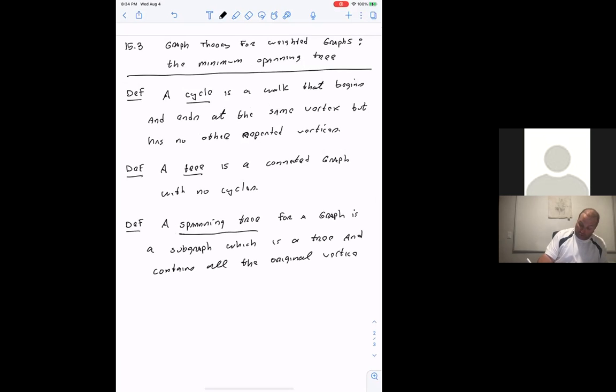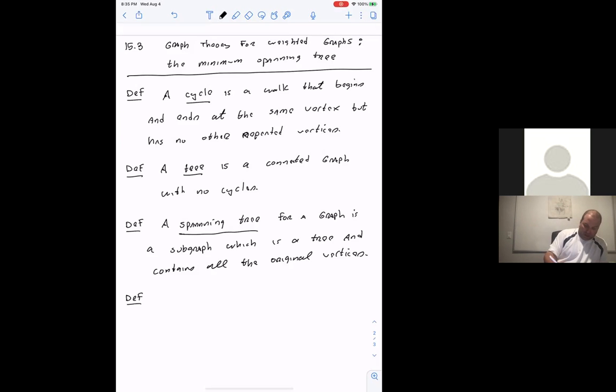Remember what a subgraph is. A subgraph is you can take away vertices and edges left and right, and as long as every edge has 2 vertices at its endpoints, it's a valid subgraph. It's a smaller graph inside of the original graph. A spanning tree is a subgraph that's a tree, no cycles, and all the original vertices are there, which means you can only remove edges.